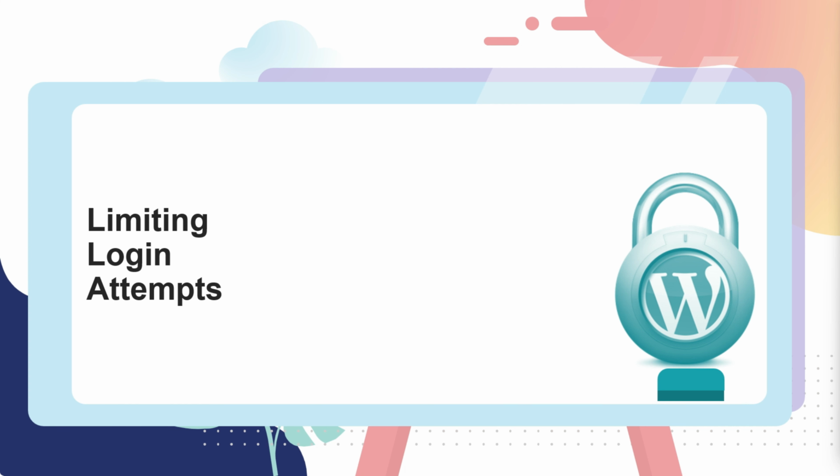You can set, let's say, 4 or 5 times. If an attacker tries more than 5 times, it will temporarily block them, let's say for 5 minutes, and if he tries again, it will block for, say, 5 hours, then increase to 5 days or something. You can choose this type of settings in different plugins.